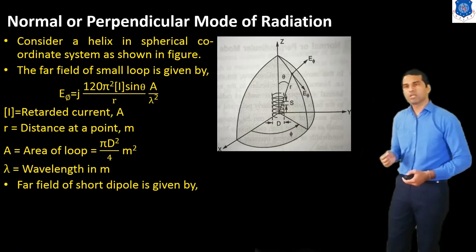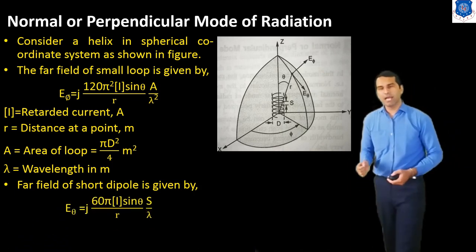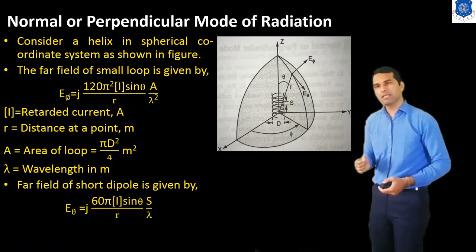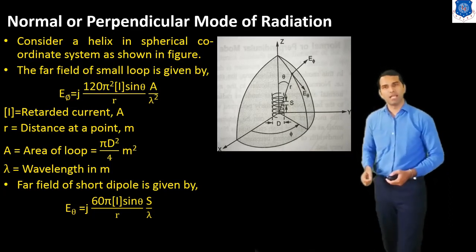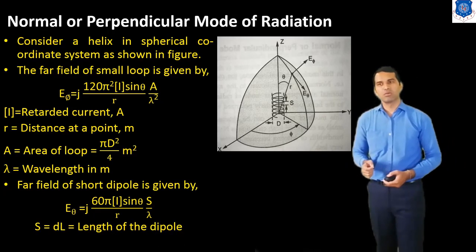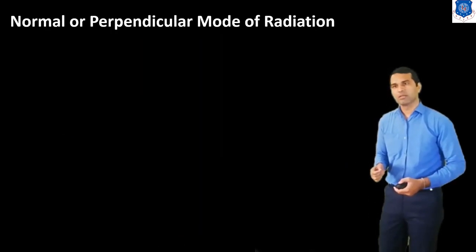The far field of the short dipole is given by E theta equals j 60 pi I sin theta upon r into S by lambda. Here we can also write S equals d into L, that means the length of the dipole.